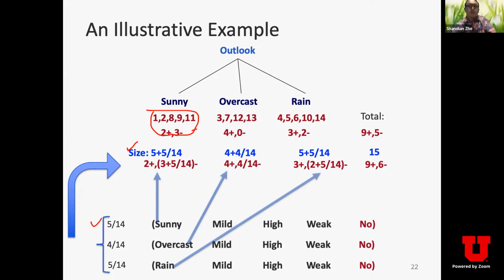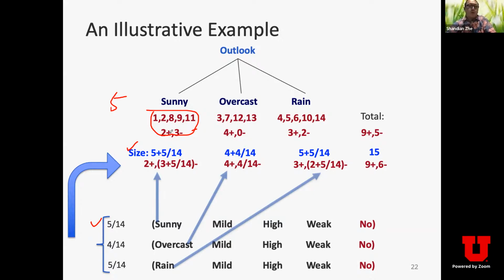Previously, without this incomplete example, we got 5 sunny examples. Now, I add a negative example with fraction 5 over 14. So what's the size of the sunny subset now? It's 5 plus 5 over 14.